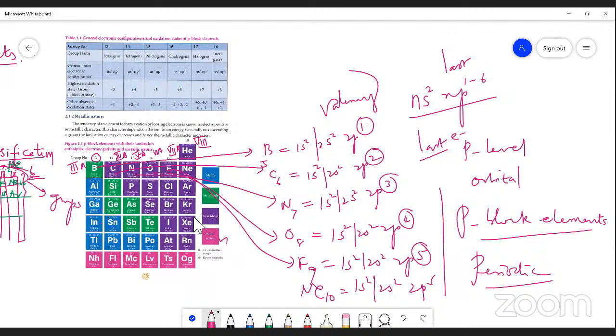Now we come to know the halogen family. These halogen families are purely non-metals. We cannot see any metallic character in the halogen family, and as well as there are the inert gases.